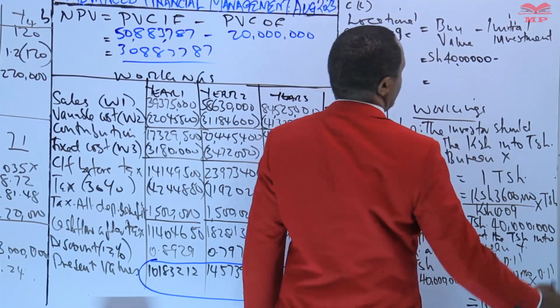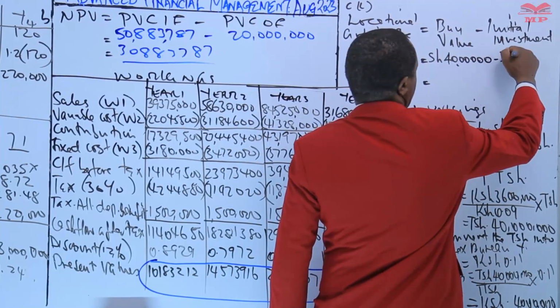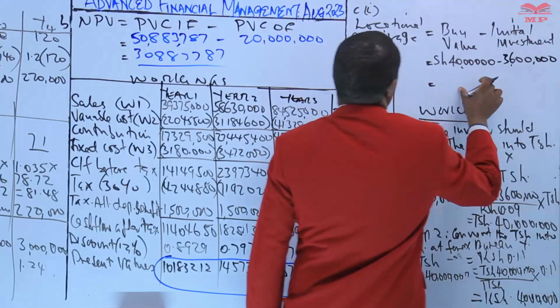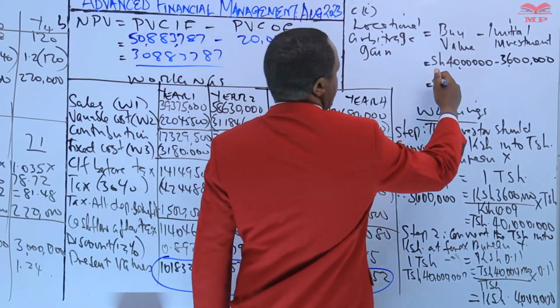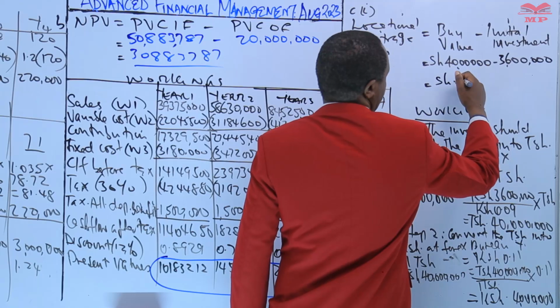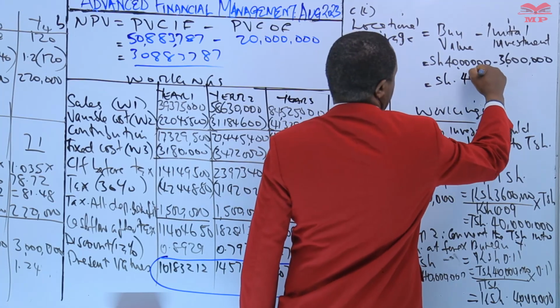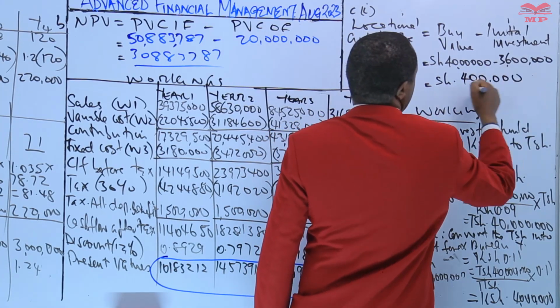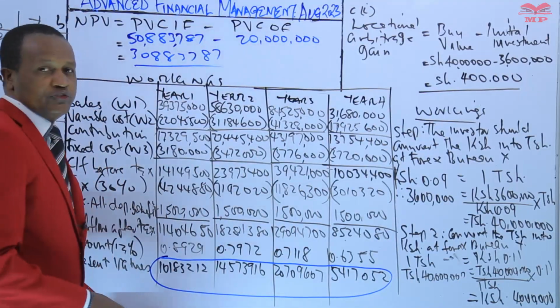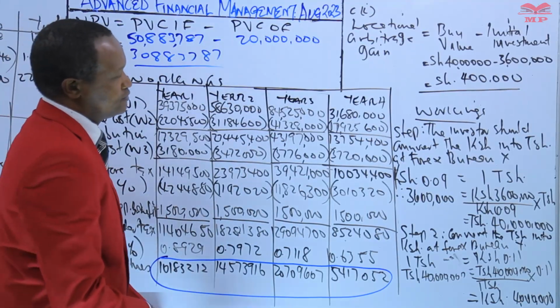The investor initially invested 3.6 million. Therefore, the locational arbitrage gain is equal to 4 million minus 3.6 million. This is 400,000. That is the locational arbitrage gain.